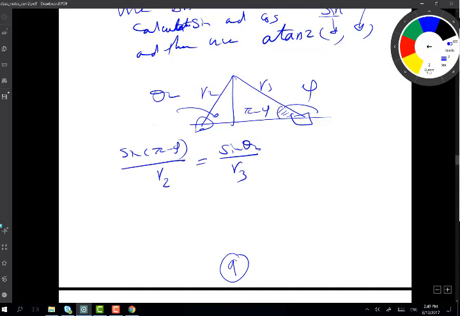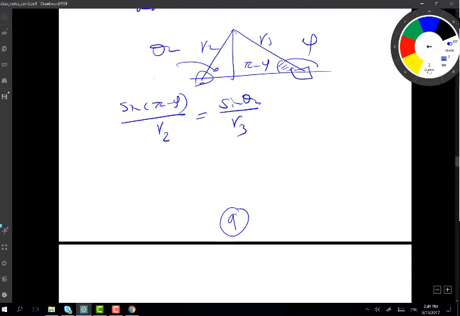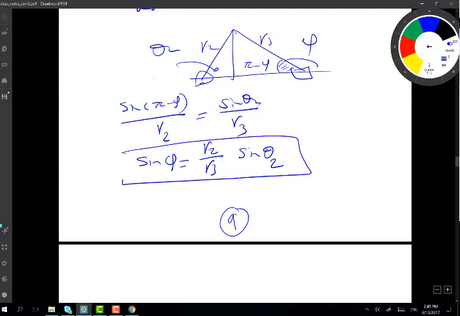So over here, that's sine pi cosine phi minus cosine pi sine phi, so sine phi will be equal to R2 over R3 sine theta 2. Right?